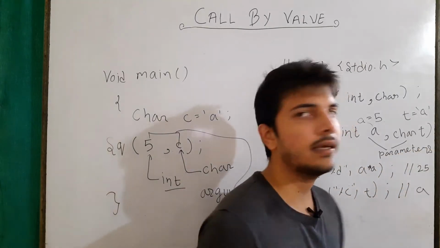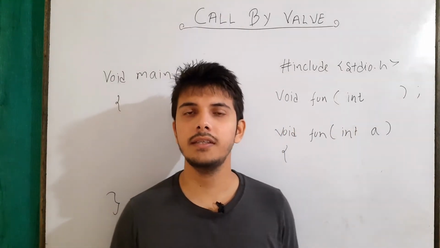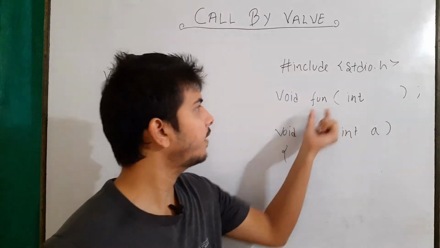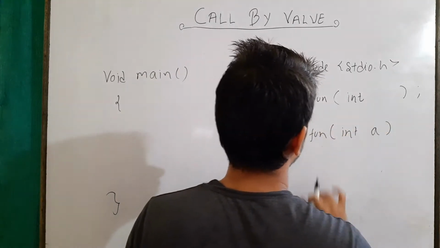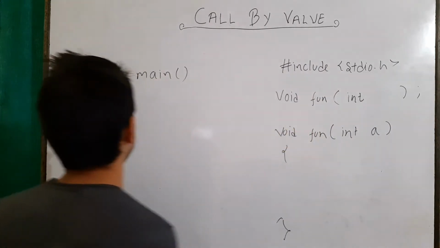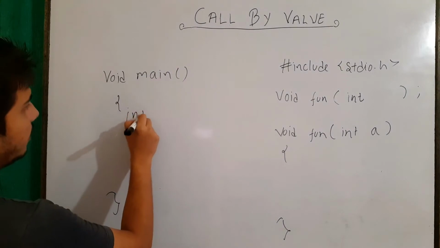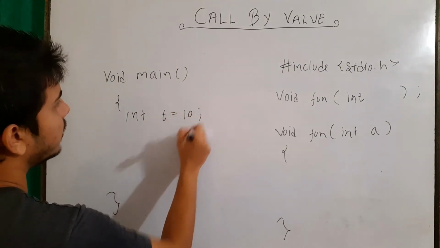Now let's see why this method is known as the call by value method. Now let's say there is a function named fun which will accept the values of type integer. And in its definition I made a variable as a. Let's say there is a variable defined here, t equals to, and the value is 10.